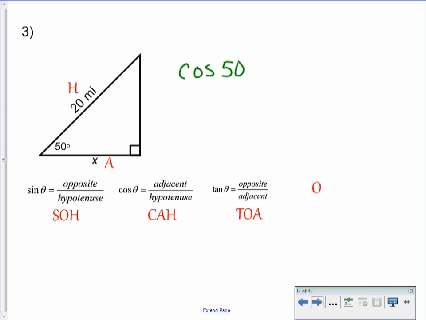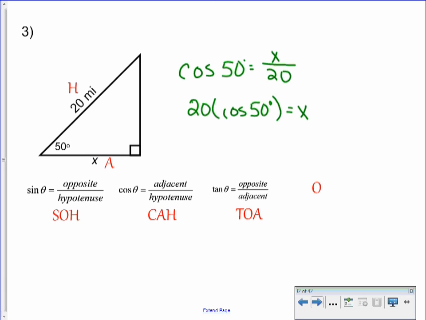Cosine. I can do it now on the calculator.